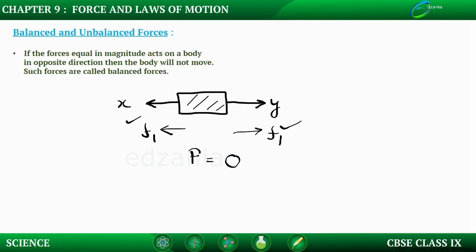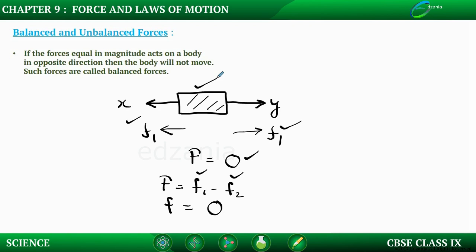In the previous section, we studied that when two forces are applied on a body in opposite directions, the net force is given by F is equal to F1 minus F2. Since here F1 and F2 are equal in magnitude, when we subtract two equal forces, the net force comes out to be 0. Therefore, this box will not move, it will remain at its own place.